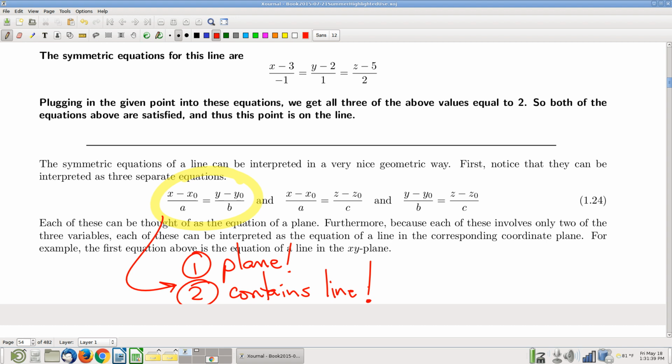If you give me any point that satisfies all three of these equations, it also satisfies that one equation. It seems trivial when you say it like that. If it satisfies all three equations, of course it satisfies this one. This is one of the three. So therefore, if it's on the line, it's also on the plane. Therefore, the plane contains the line.